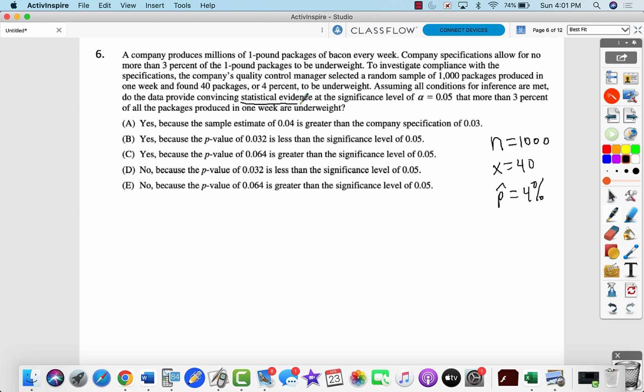Okay, convincing evidence. So it's going to be some sort of a test that it's more than 3%. So your null, your alternative. Here, the null would be p equals 0.03, because it says, is there evidence that it's more than 3%? Well, what was our p hat? 4%.